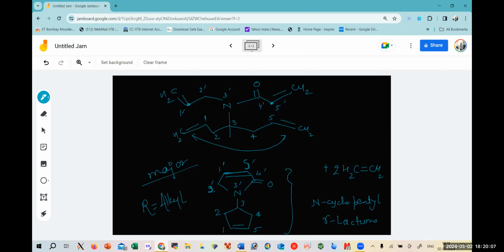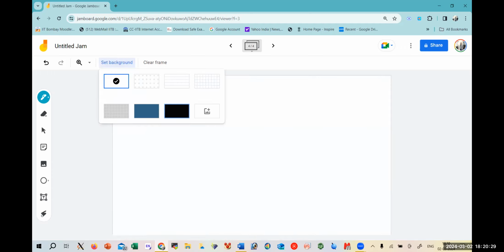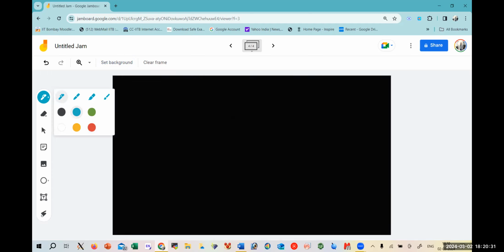So this is where we can selectively tell which one is going to be the major product, depending upon what R substituent is there. And this kind of metathesis is known as ring closing metathesis, because here we are closing the two double bonds over here. I hope this is clear. We can take another example to make it more understandable.